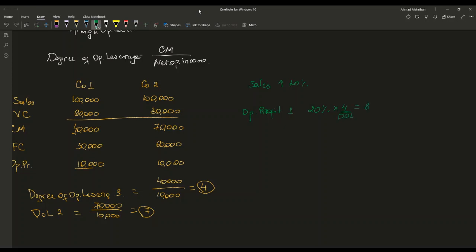That means our operating profit will increase 80%. Now for the second company, also a 20% increase in sales, but the degree of operating leverage is 7, and therefore the operating profit will increase 140%.